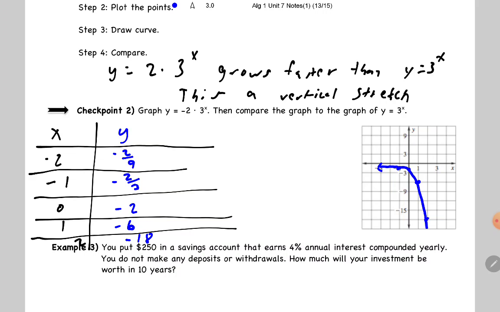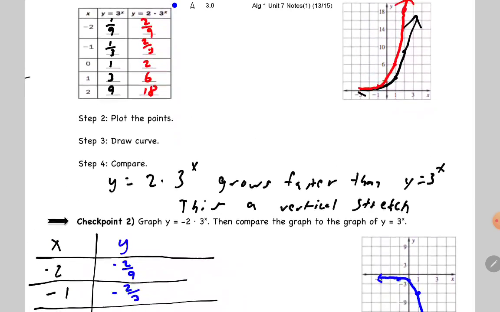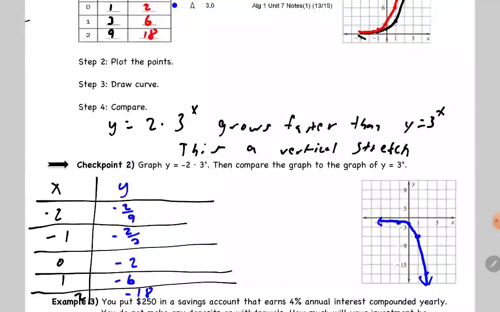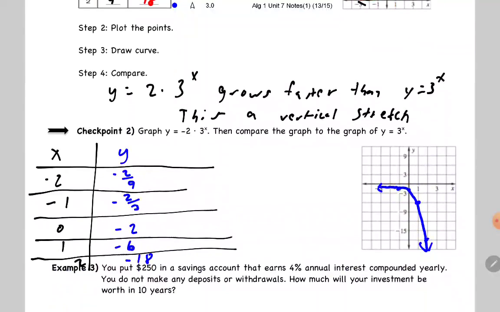Okay. So this was just flipped over. This blue line is just the flipped version of the red line. So this would be called a reflection.